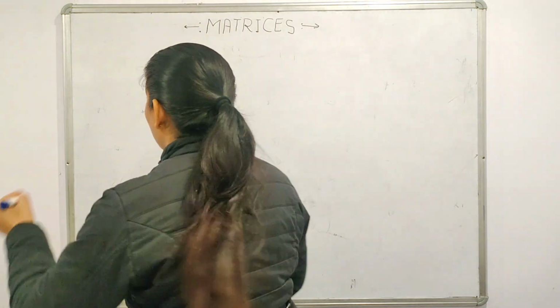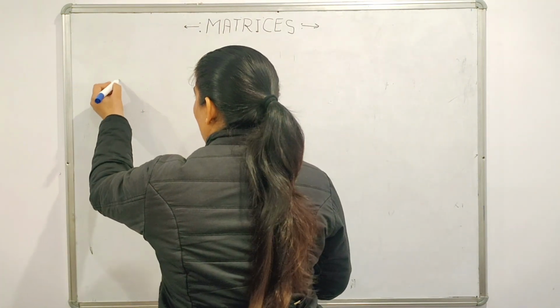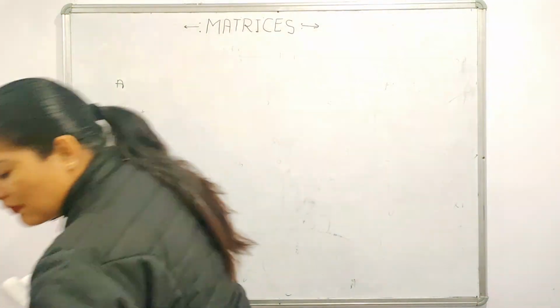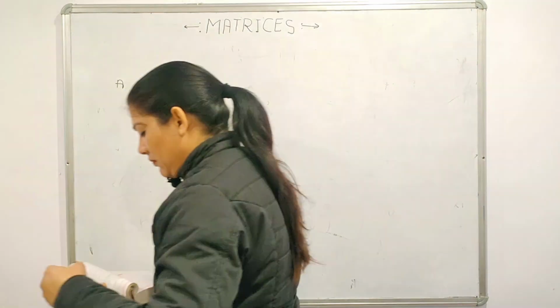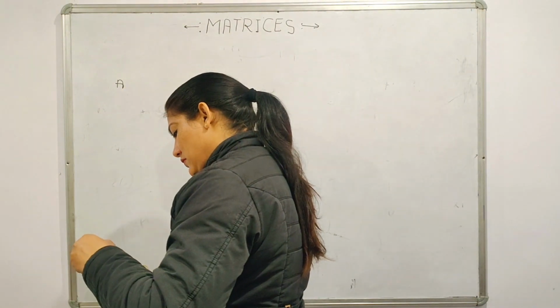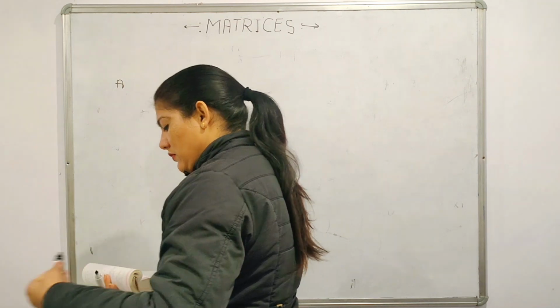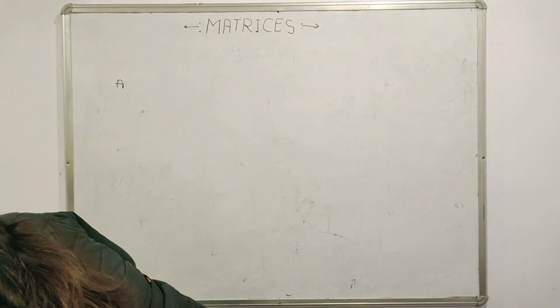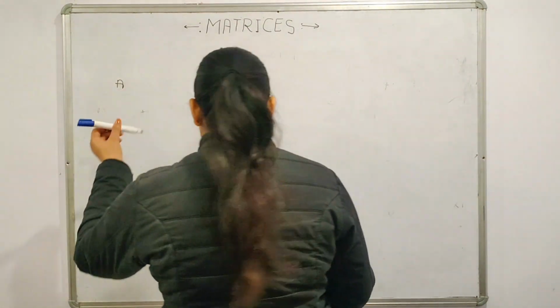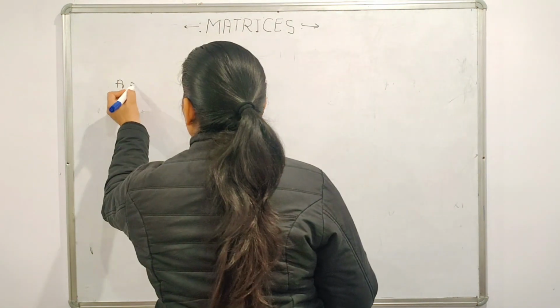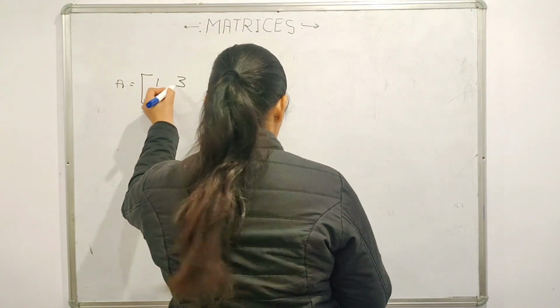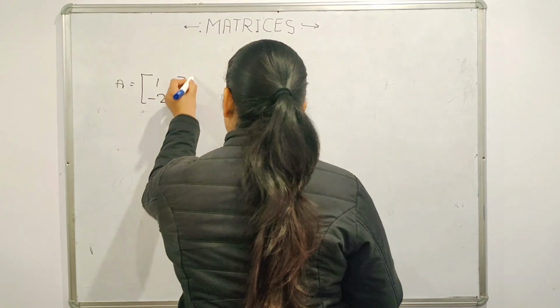Again, I'm going to write A, B and C. A is equal to 1, 3, minus 2, 0.